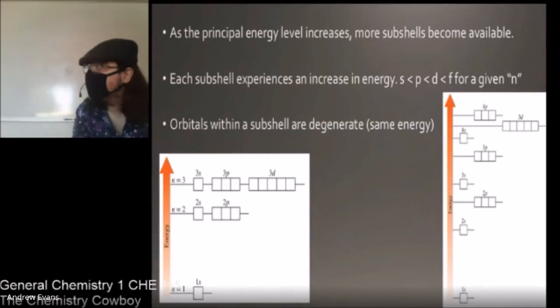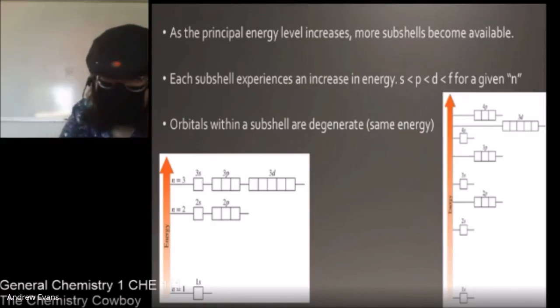Row 1 only has 1 subshell, S. Row 2 has 2 subshells possible, S and P. Row 3, the 3rd row, can hold S, P, and D. And row 4 could hold S, P, D, and F. The S has lower energy than the P, the P has lower energy than the D, and the D has lower energy than F for a given row.